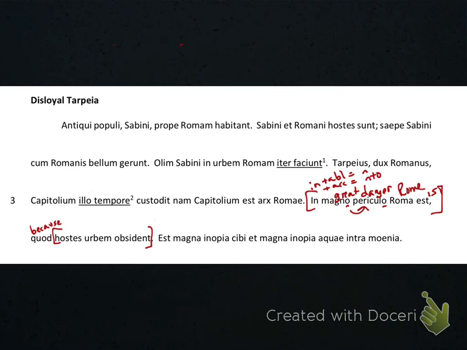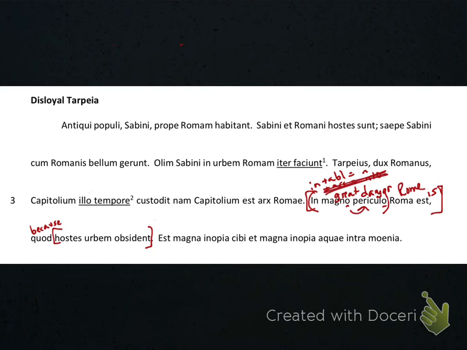However, if I say in great danger Rome, I don't really have anything that is something. So what I'm going to do is say that in magno periculo is a prepositional phrase. Those words have to stay together. And then I'm going to make Rome be the subject of is. So just say like Rome is, and then translate the prepositional phrase.